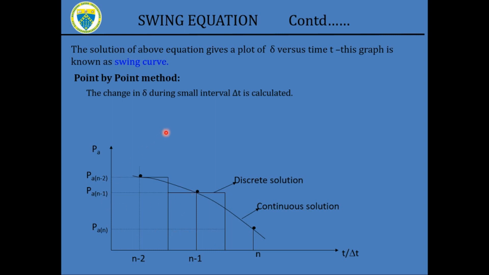Here the accelerating power calculated at the beginning of the interval is constant from the middle of the preceding interval to the middle of the interval that is being considered. So the accelerating power remains constant here.